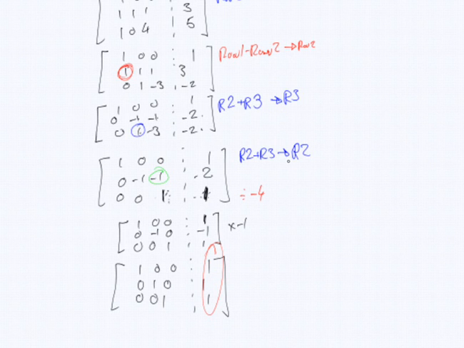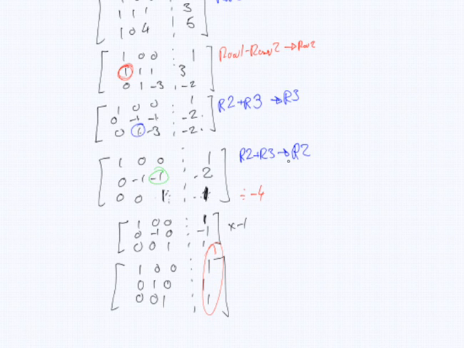So what do you think we'll do next now? Row 1 plus row 2 and put the answer on row 2. No, you can put the answer on 1 or 2, like before.